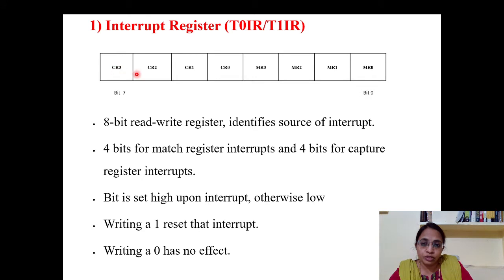And if we want to reset any of these generated interrupts, we have to write 1 into the corresponding bit. Writing 1 will reset that interrupt, and writing 0 has no effect. This 8-bit register can be both read as well as written, so it is an 8-bit read and write register. So this is about the interrupt register.